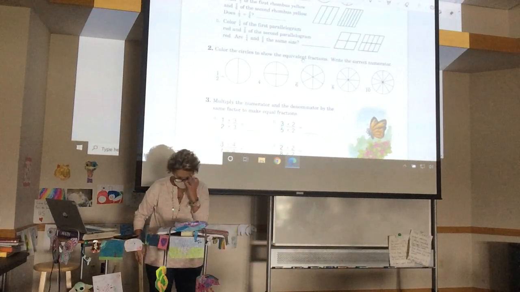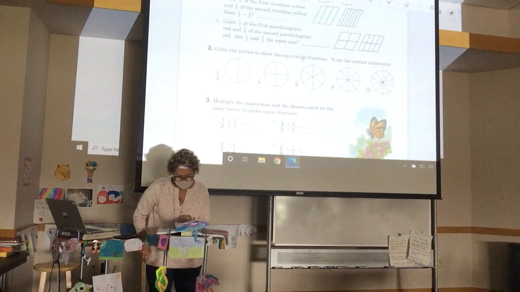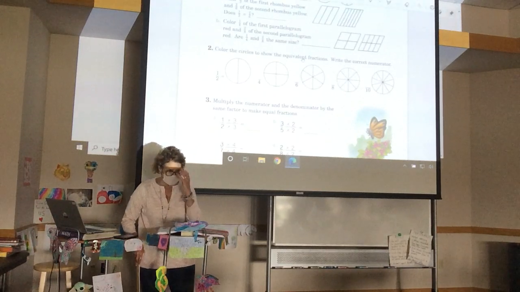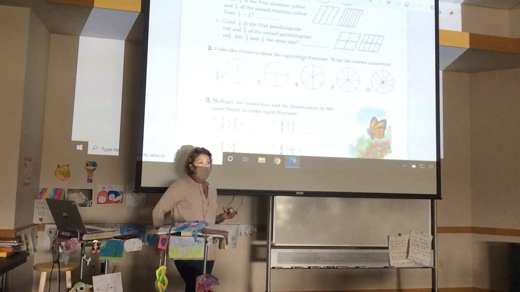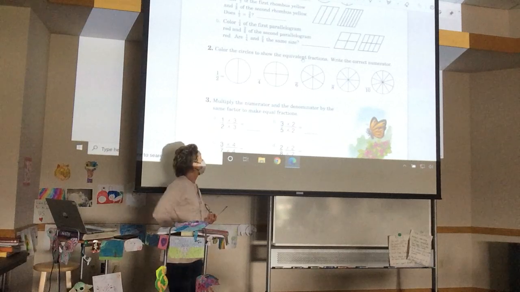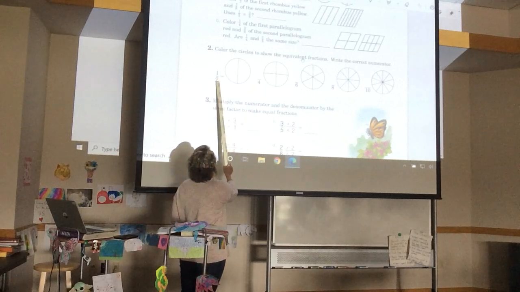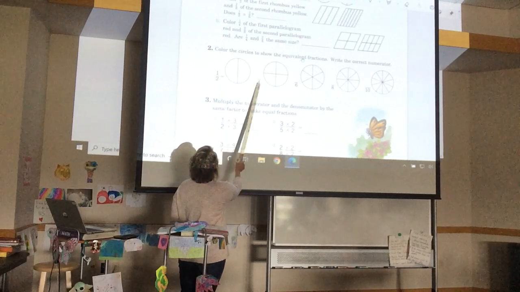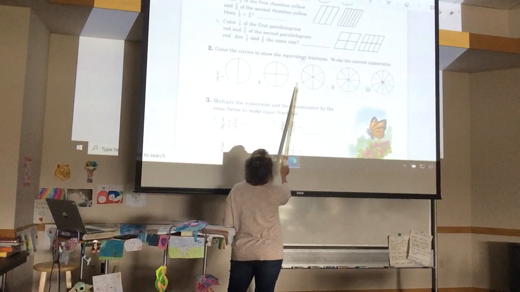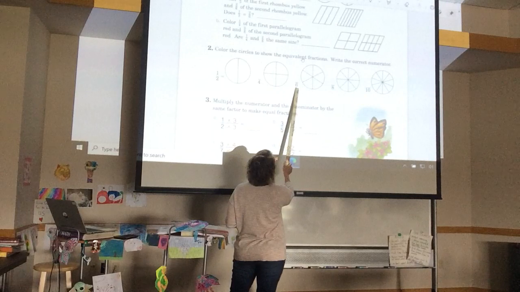Look on page 2. Look at the denominators. How are they sequenced? Cole? 2. What is 2 times 2? 4. What is 4 times 2? 8. Yeah, well, this is 6.